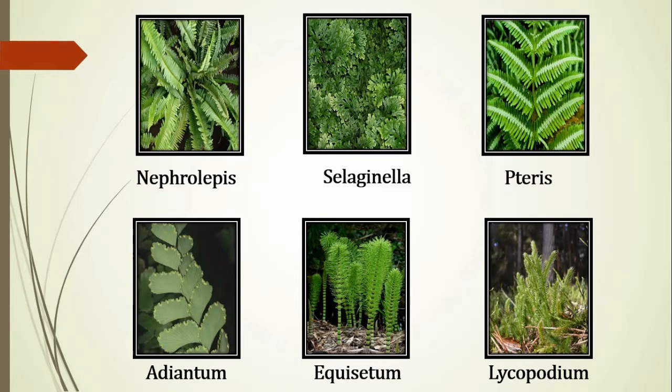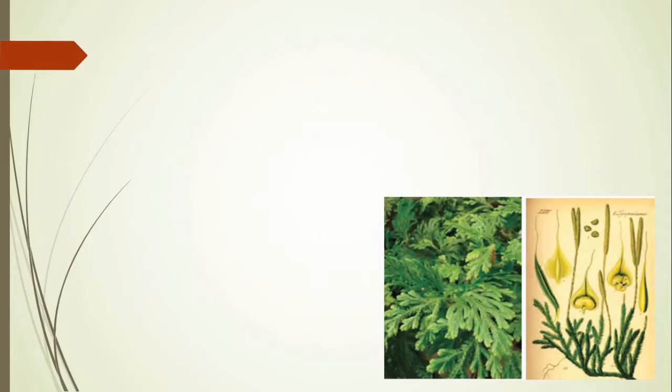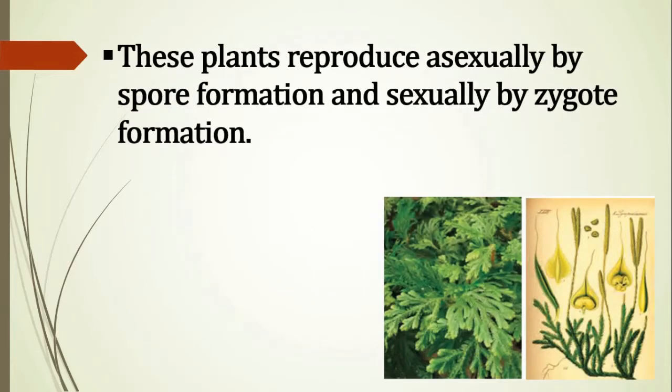For example, Nephrolepis, Selaginella, Pteris, Adiantum, Equisetum, Lycopodium. These plants reproduce asexually by spore formation and sexually by zygote formation. They have well-developed conducting system.